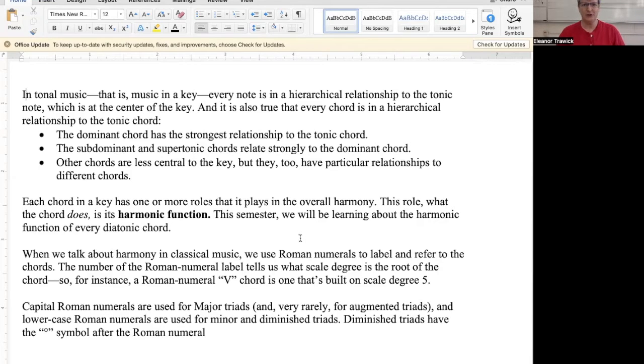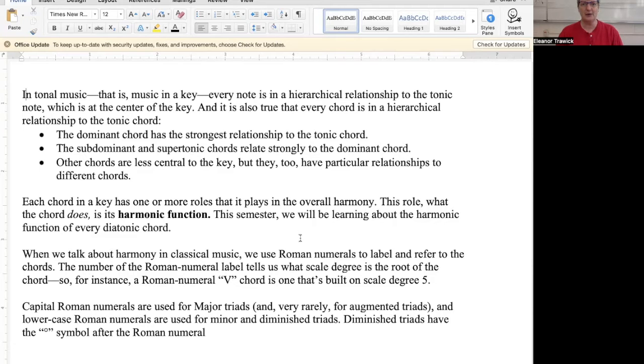In tonal music, and tonal music just means music that's in a major or a minor key, every note is in a hierarchical relationship to the tonic. So each scale degree is a sort of special, unique scale degree in the key.